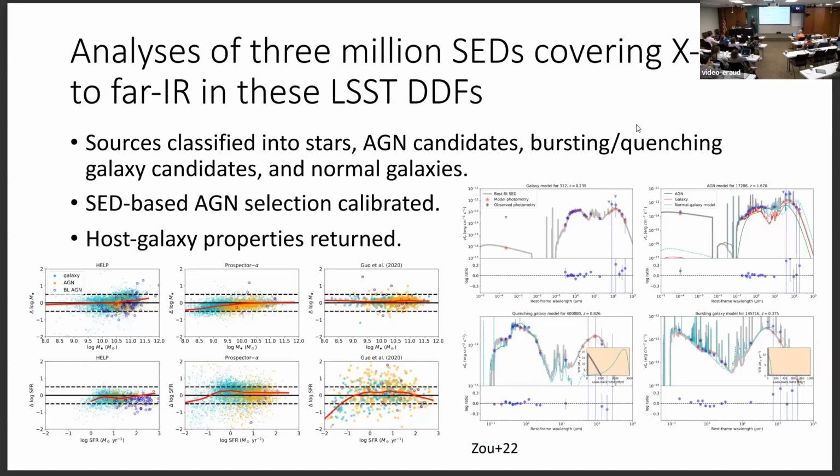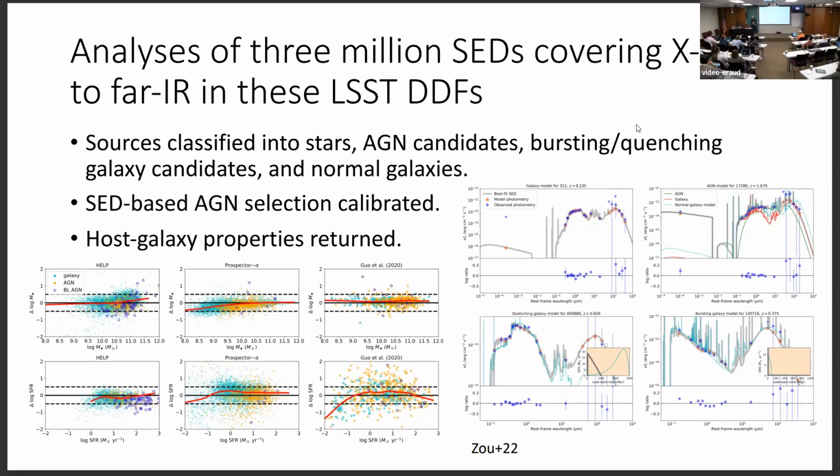In the paper last year, we compiled the multi-wavelength data in these deep drilling fields and also analyzed the spectral energy distributions in a systematic way. We classified sources into stars, AGN candidates, bursting or quenching galaxies, and normal galaxies, and fitted them very carefully.